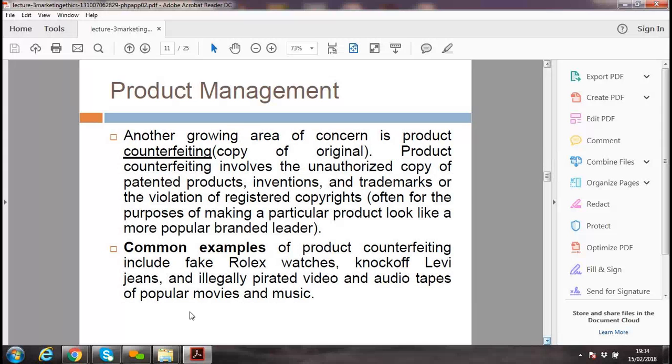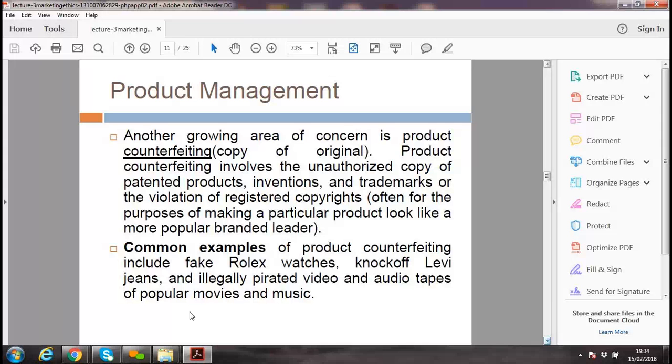Product management, another growing area of concern is product counterfeiting, a copy of the original. Product counterfeiting involves the unauthorized copy of a patented product. We can't do it, because it's against moral and ethical principles. But does it carry on happening in the real world? Yes, we have a lot of CD copies. But there is still a lot of discussion going around.